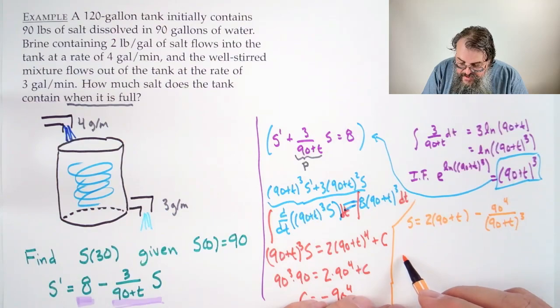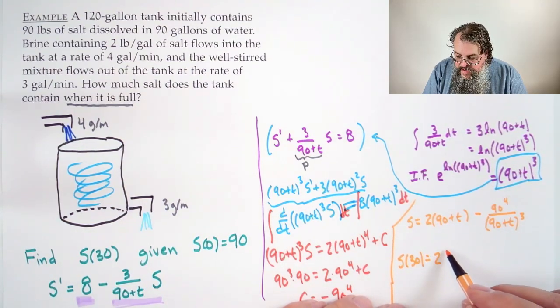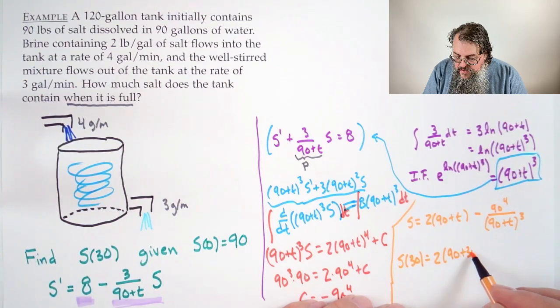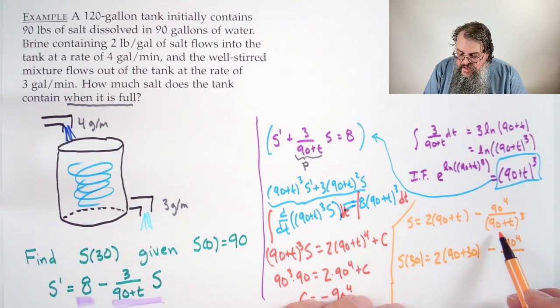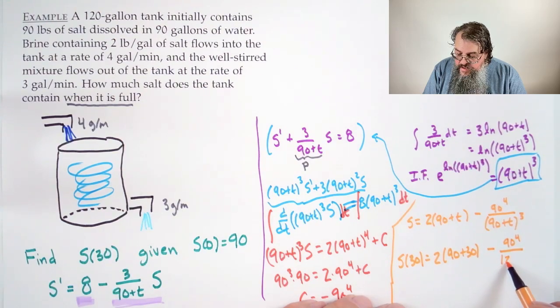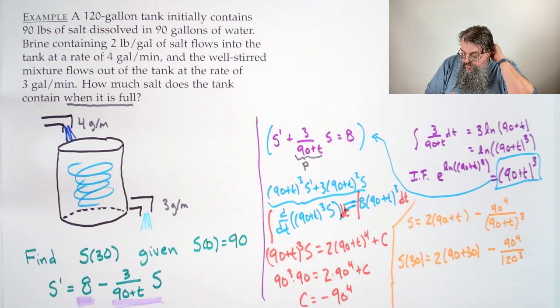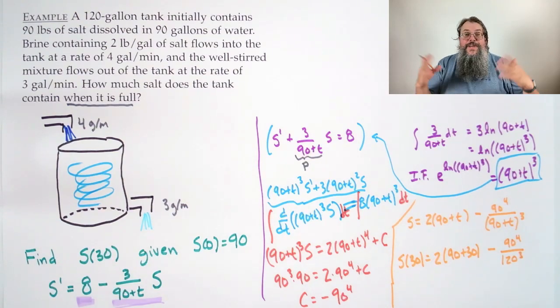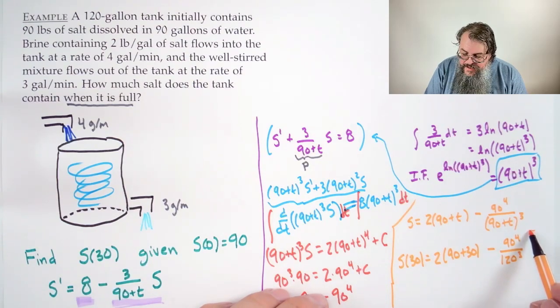So our answer, how much salt is in the tank? Well, that's 2 times 90 plus 30 minus, here we'll have 90 to the fourth, and downstairs 90 plus 30, well, that's actually 120 cubed. Now, if we were really interested, we could go and work out that number. I don't know if I'm that interested, though. And so we'll leave it in that form.